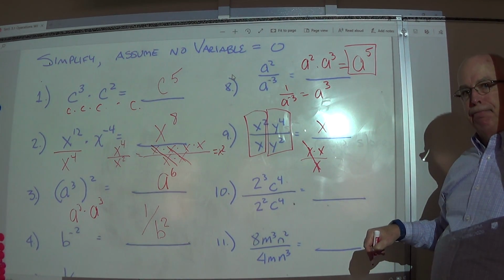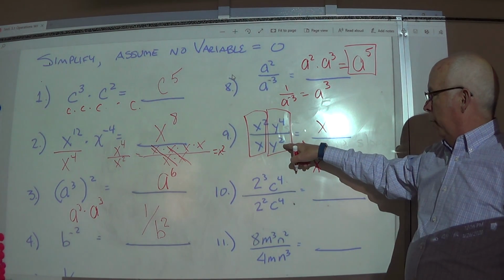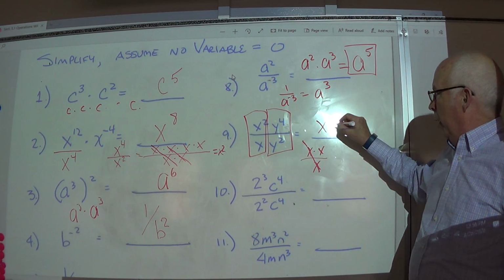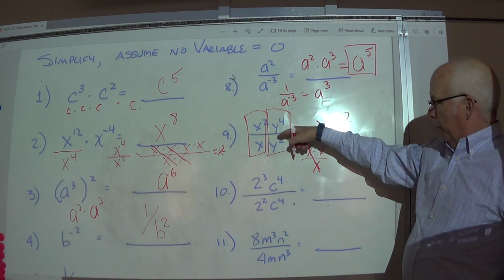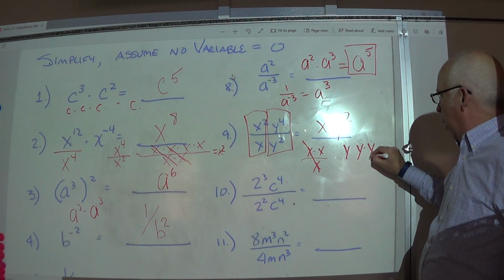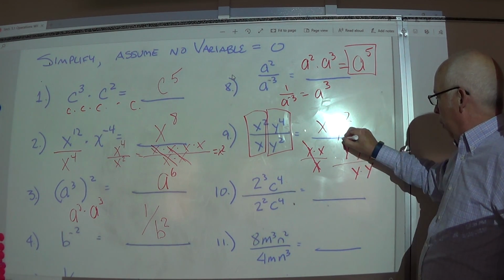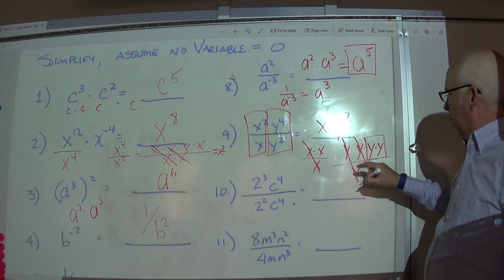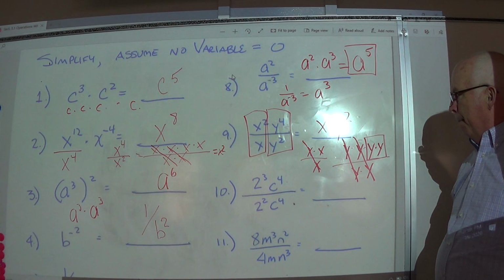Make sense? Now similarly, we've got y to the 4th over y squared. The easiest thing is to subtract 2 from 4, and we've got y squared. Or applying the same thought process, y to the 4th is y times y times y times y over y times y, so that equates to 1, that equates to 1, and you're left with y times y for the y squared. All right, next.